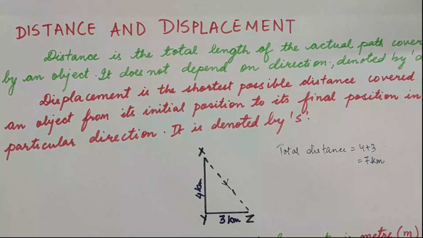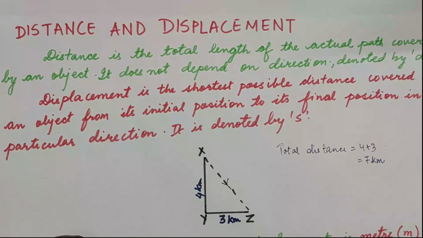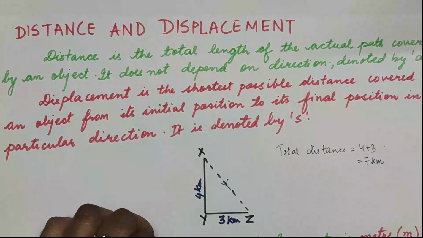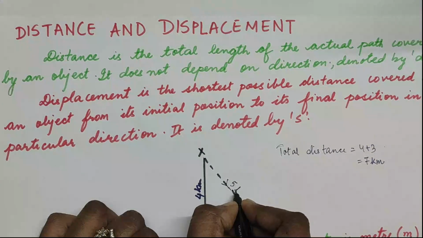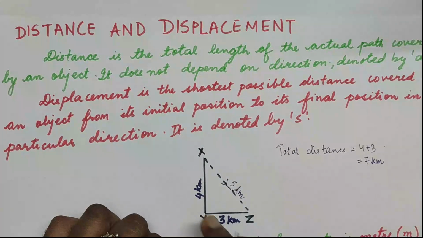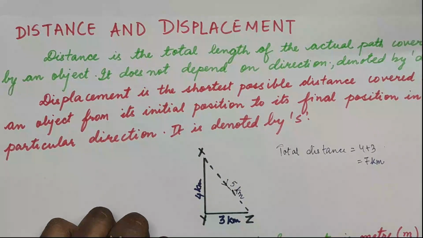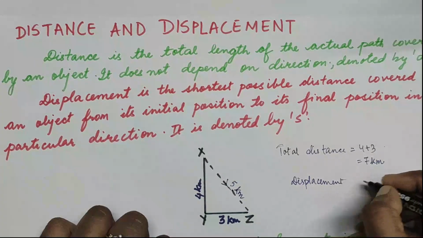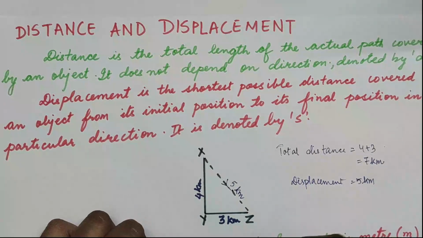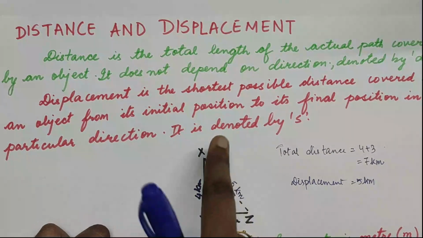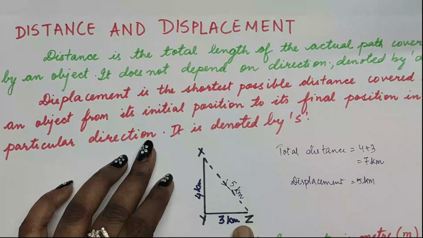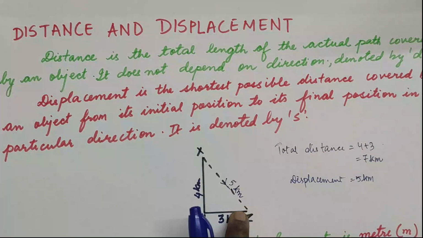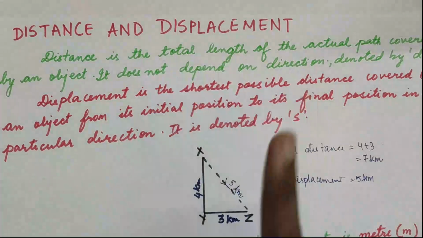Measuring it, the displacement here is around 5 kilometers. So that is the shortest distance taken to cover from X to Z.